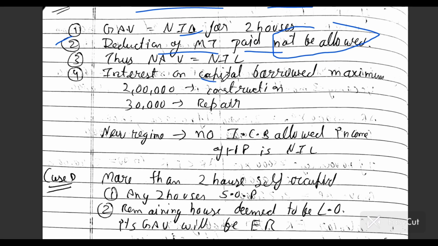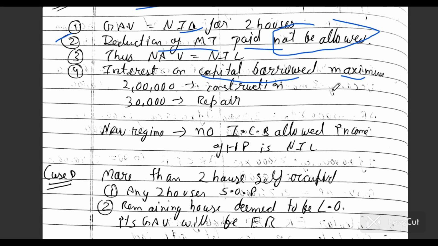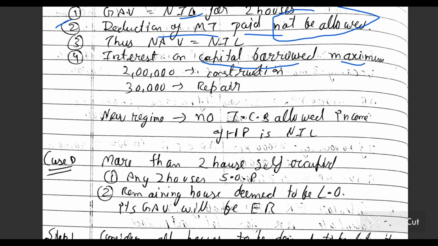But if there is any interest on capital borrowed, for example, we had borrowed some loan for that property, and whatever interest is charged, not the loan amount, the interest amount. Make sure you don't get confused in the exam. If that loan is taken for the construction of the self-occupied property, then a maximum of 2 lakh is allowed only in the old regime.